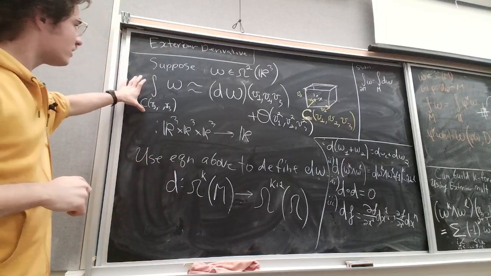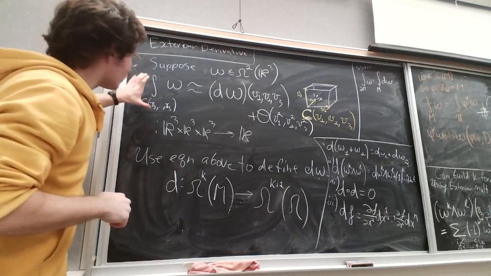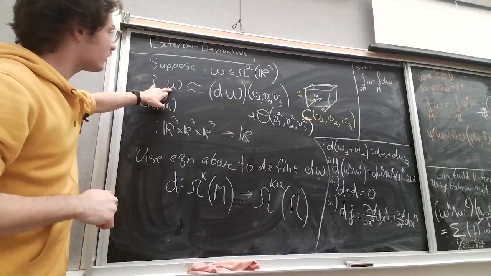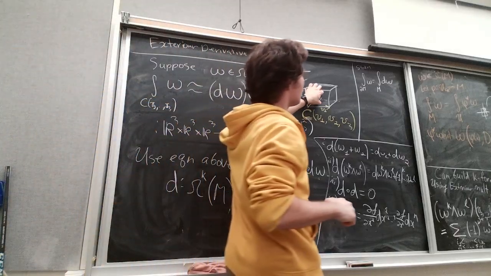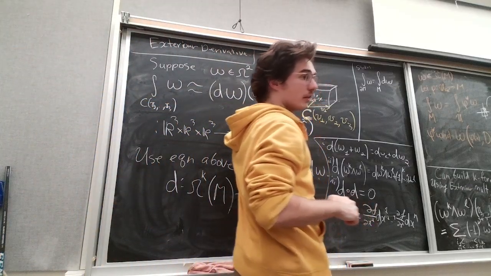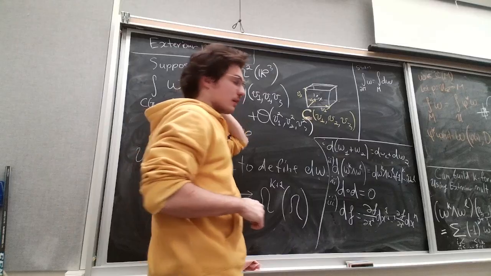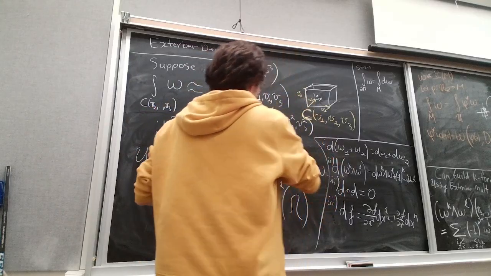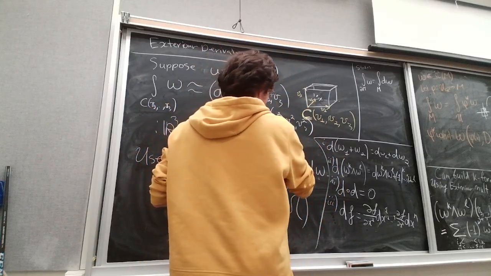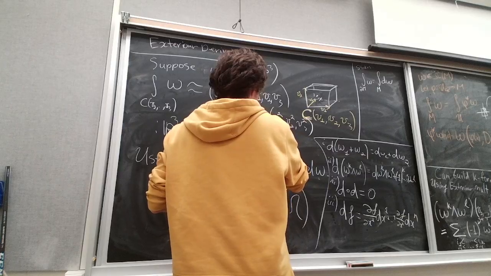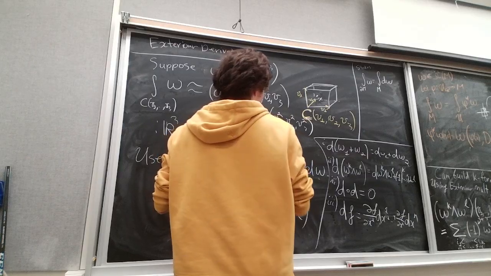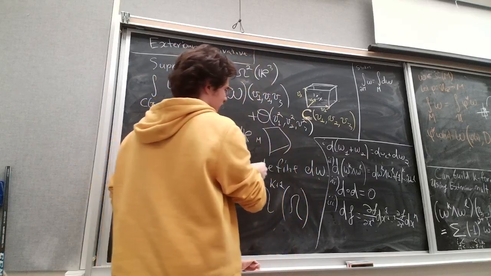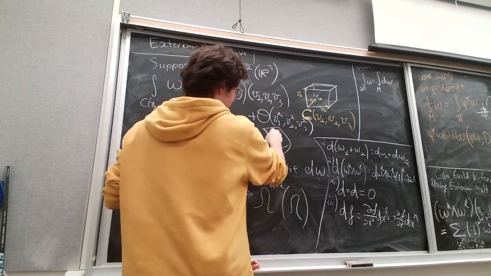We defined it to linear order as integrating omega around the little cube around the point x. Do you agree? So the idea is, suppose I had my manifold M. I'm drawing the two-dimensional case. So the boundary here is this edge.